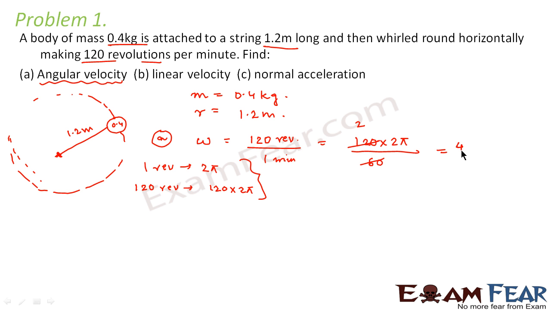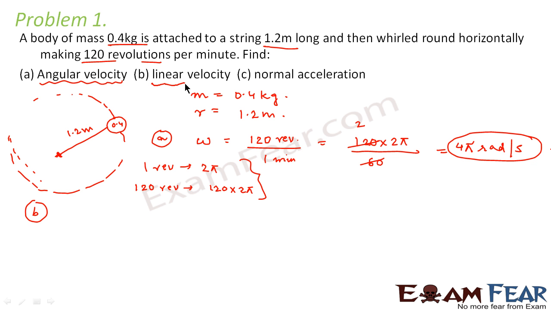So this will be 4 pi radian per second. So this will be the angular velocity, because angular velocity is the angular displacement per unit time. Time is 60 seconds and angular displacement is how much angle it will cover. So in 120 revolutions it will cover 120 into 2 pi angles.